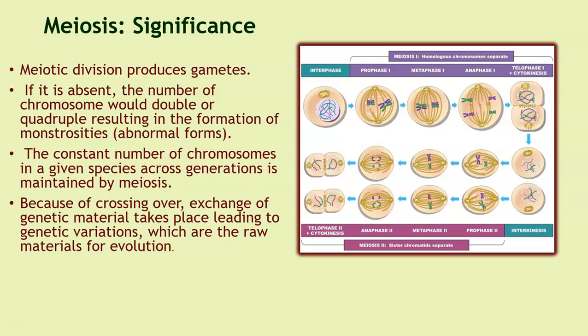Some might even not appear to be siblings, if anybody sees you, they might not believe that you two are brothers or sisters, because there are a lot of differences between the two of you. So these differences come because of genetic variations, and this happens only because of meiosis.